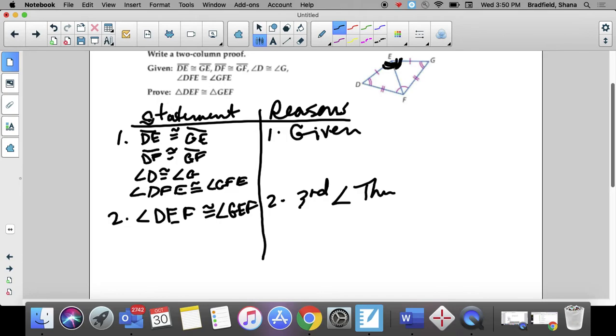And I just need a third one. And I'd like to show that the third sides, there are EF on both of them. Well, how do I know that those third sides are congruent to each other? So this takes us back a little bit. But EF is congruent to itself, EF, and that's the reflexive property.